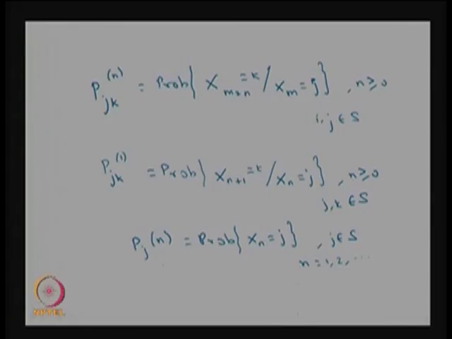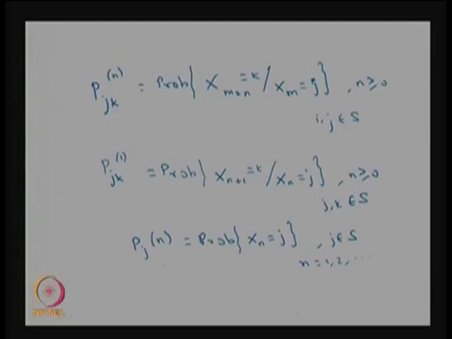That means we know the initial probability vector of X_0. So, our interest is to find the distribution of X_n for n equal to 1, 2, 3 and so on.